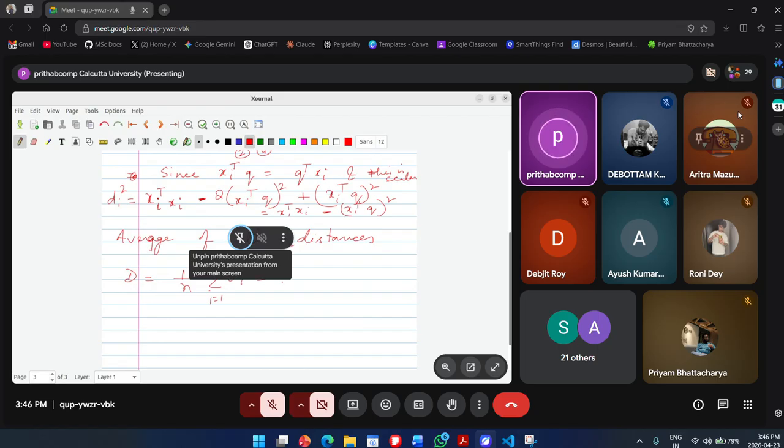So that is 1 by n into summation i equal to 1 to n xi transpose xi minus, what is it? xi transpose q the whole square. So that means it is the variance.